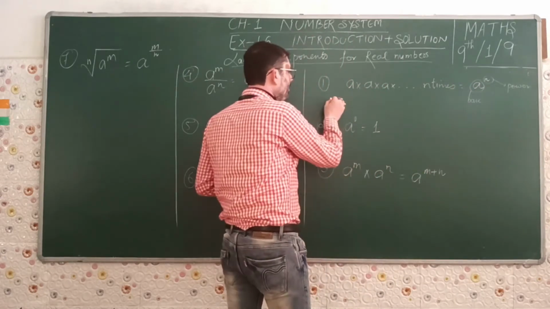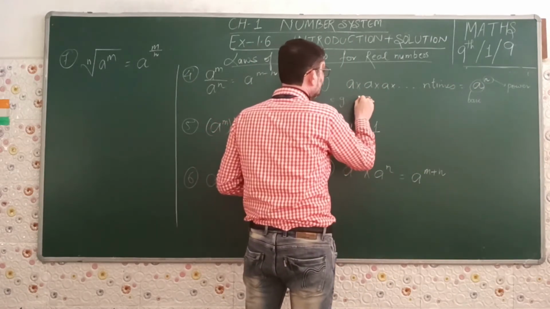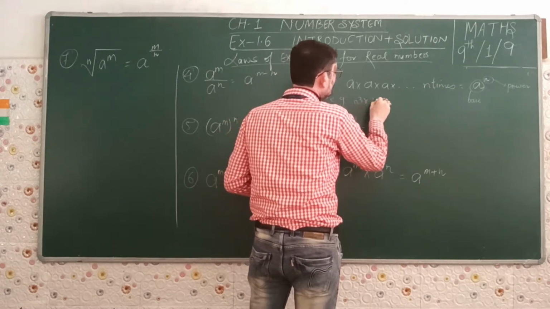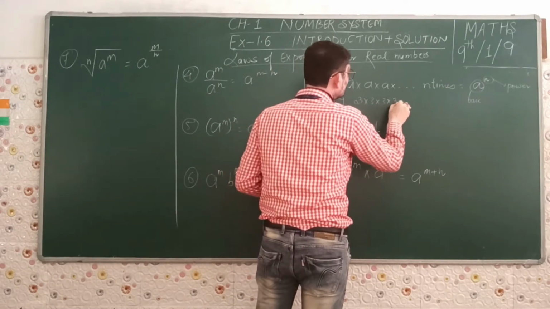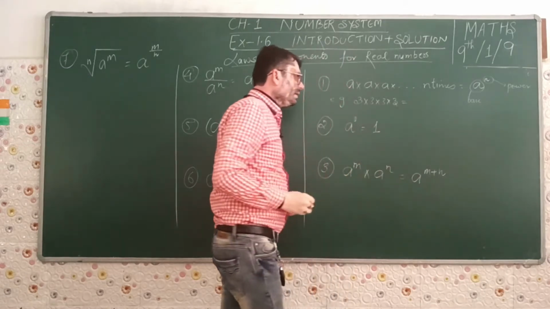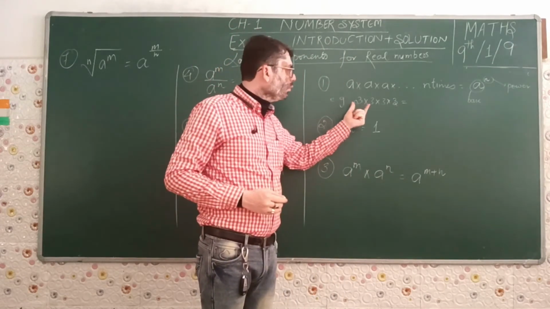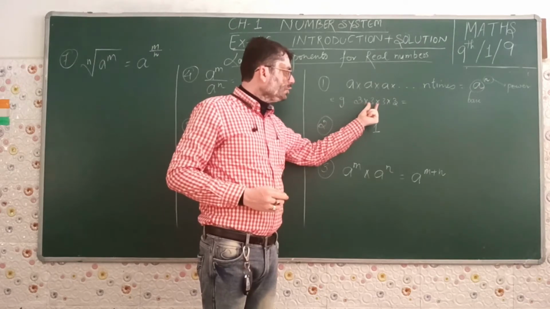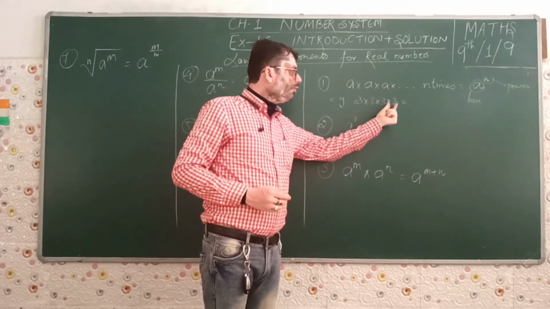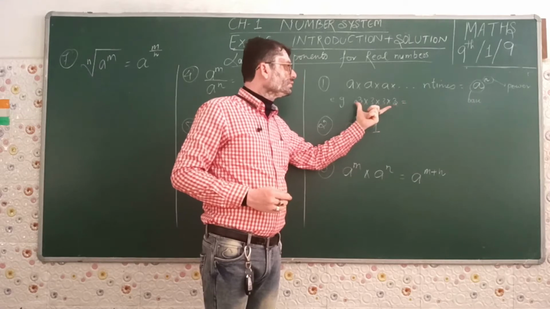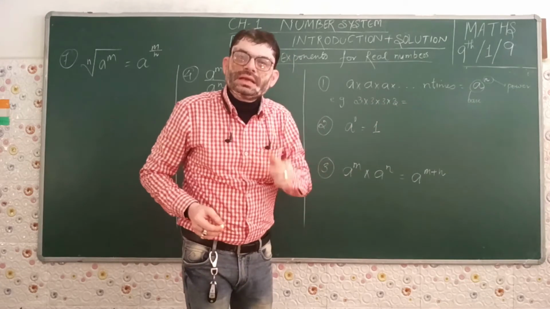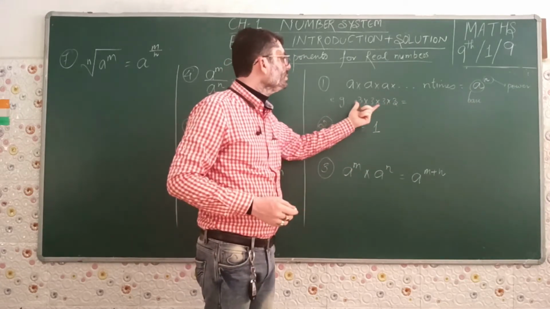Let us see an example. If we say 3 into 3 into 3 into 3, what is this? Now how many times 3 is occurring? 4 times. 1, 2, 3, 4, and all the 4 3's are separated by a multiplication sign. It's a compulsion, it should be multiplied.